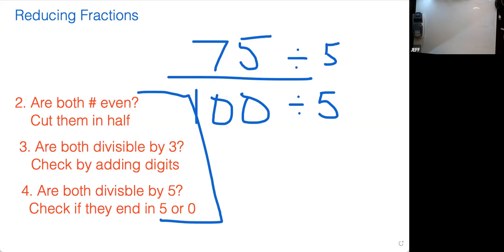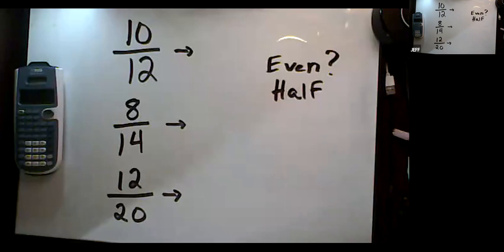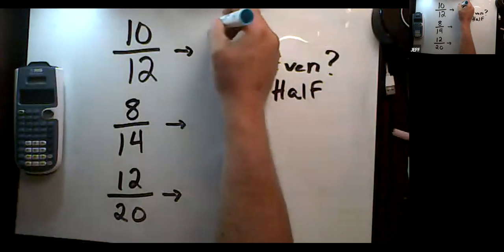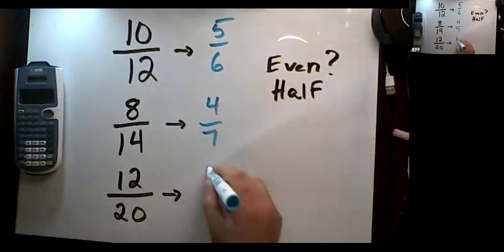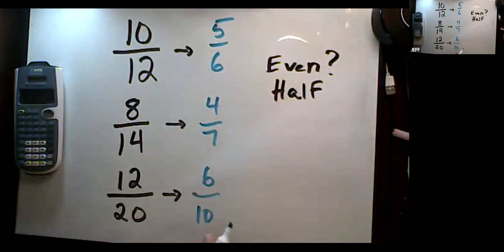So we're going to do some practice over on the whiteboard. All right, so this is just the even rule. If they're both even, we cut them in half. And that one's still even.